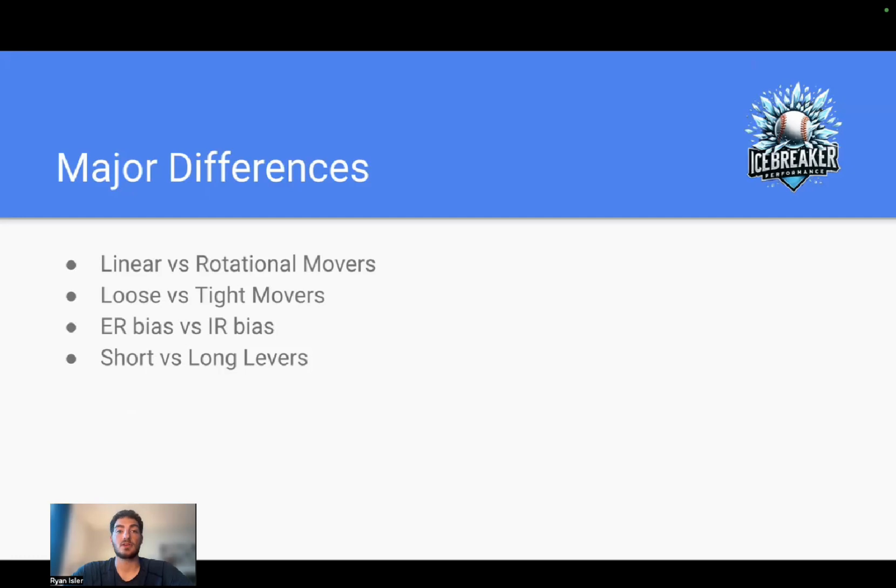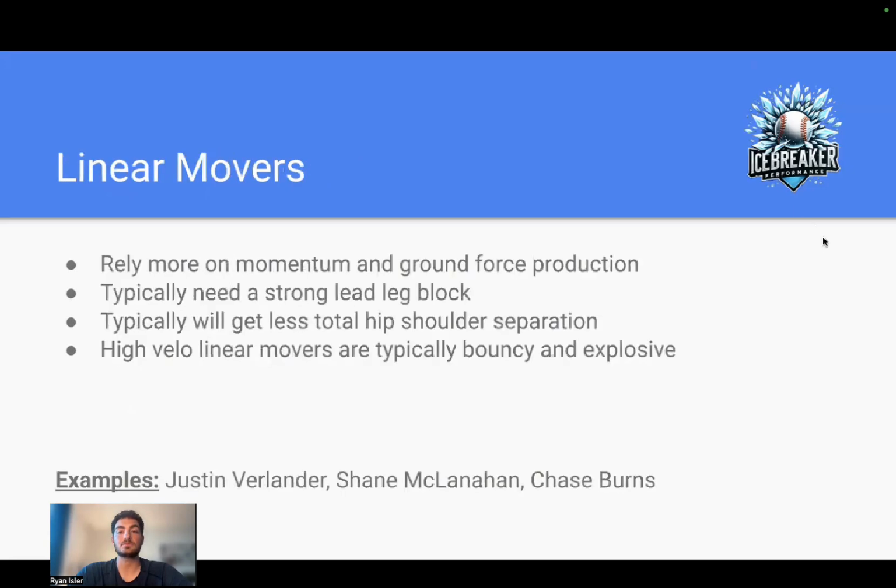So some of the things I'm going to go over here are going to be linear versus rotational movers, loose versus tight movers, external rotation bias and internal rotation bias, specifically in the hips, and then short versus long levers. All of these things are going to affect how you move, how you apply force, and are going to change the way that you should look at how you're going to make mechanical adjustments.